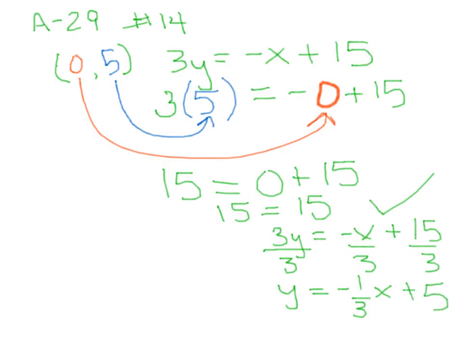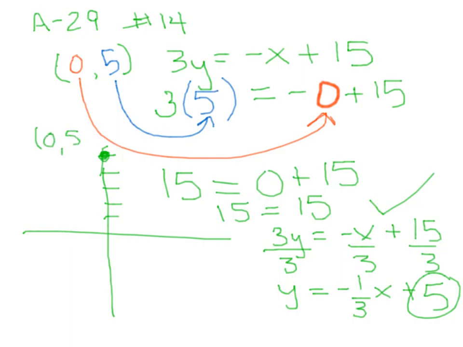Now if I graph this, really quick ugly graph, I have a y-intercept that's 1, 2, 3, 4, 5. So there's my y-intercept, right? There it is in my equation. There it is on my graph, right, at 0, 5.